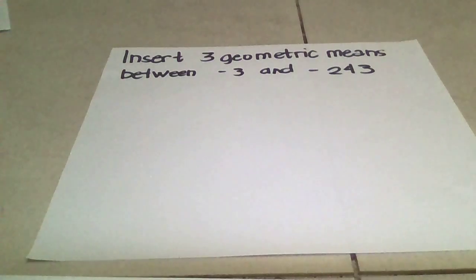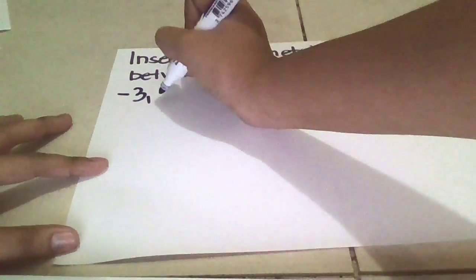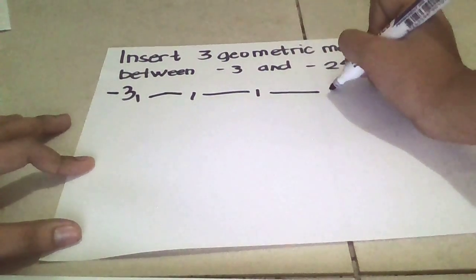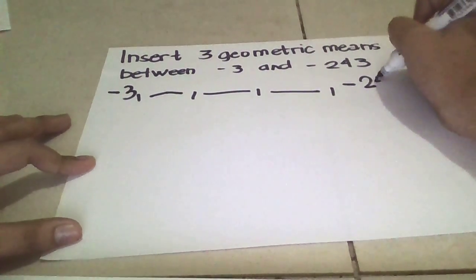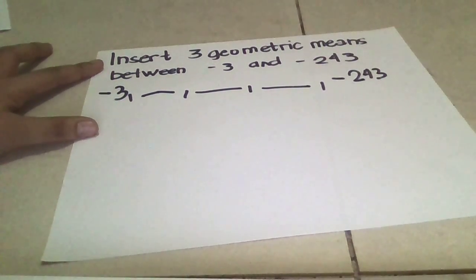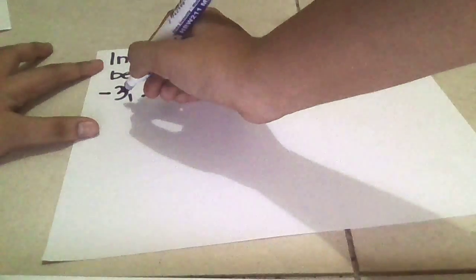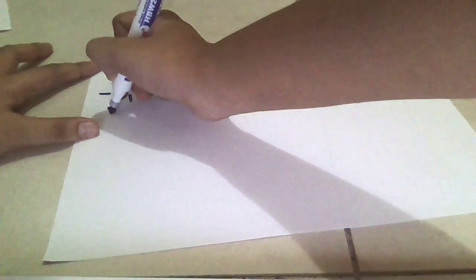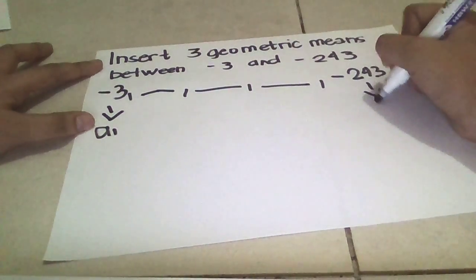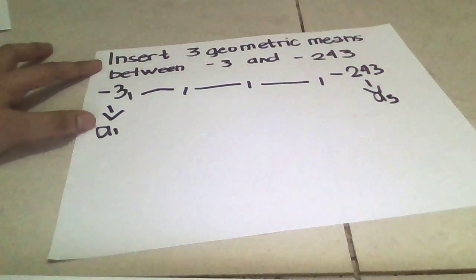Insert 3 geometric means between -3 and -243. So first I'm gonna list it down. You're gonna have 5 terms. So this is your a sub 1, a sub 5.